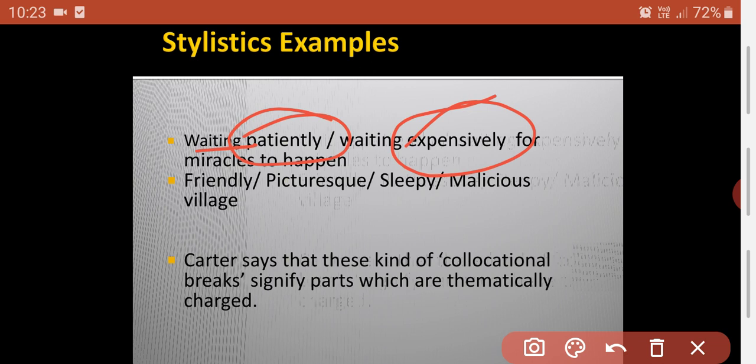Nobody waits expensively. Do we wait expensively? No way. By breaking this collocation, he is creating a new interpretation, or probably a unique sense to the idea of waiting itself.